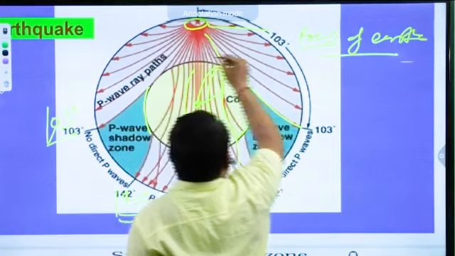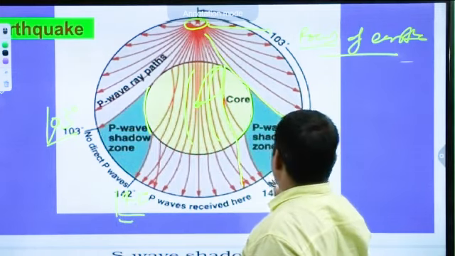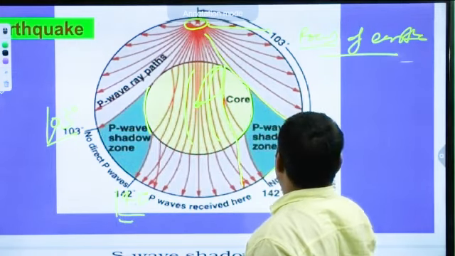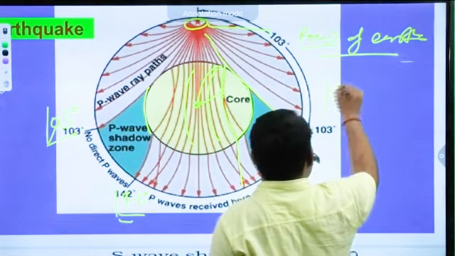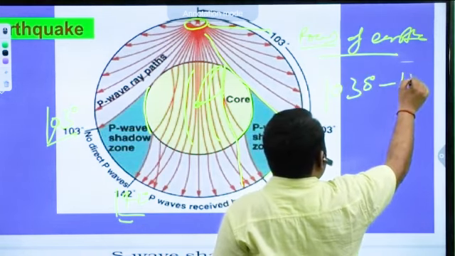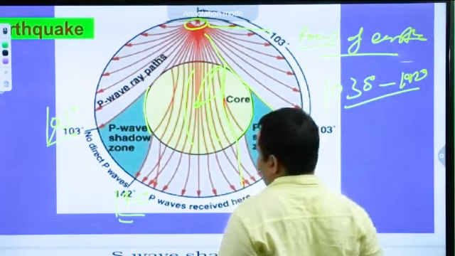Along both the sides of the focus of earthquake, we find what? Shadow of the P waves between 103 degree to 142 degree, right?